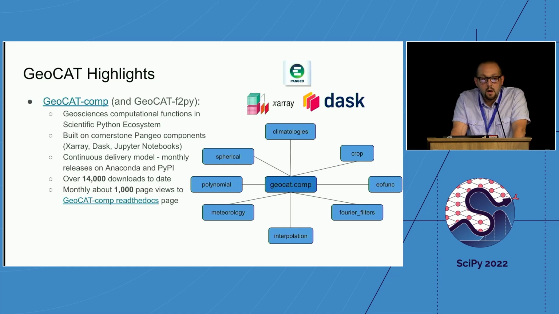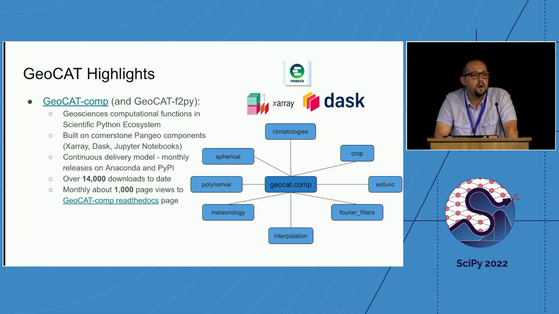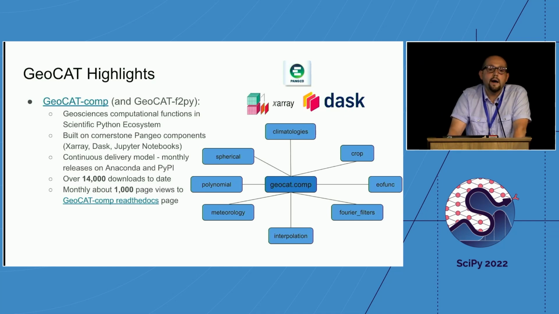I think we can now have a look at the individual GeoCAT tools. Let's first start with the computational component, GeoCAT Comp. Again, GeoCAT F2Py is just residing under the hood, but I think it is better to focus on the GeoCAT Comp. So GeoCAT Comp houses the computational or analysis operators like NCL did in the past.